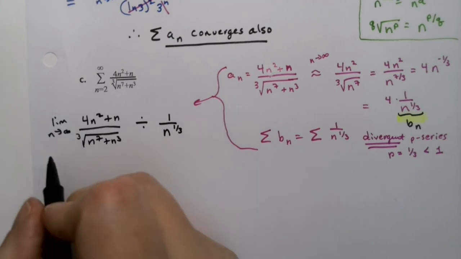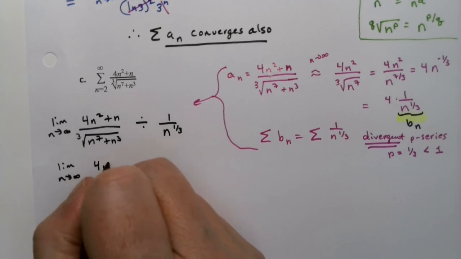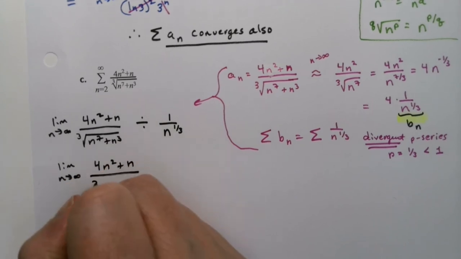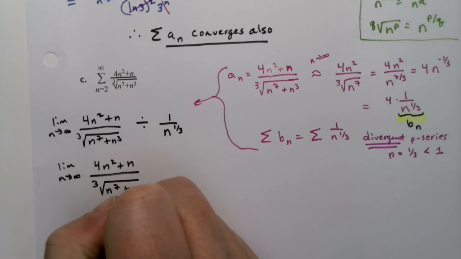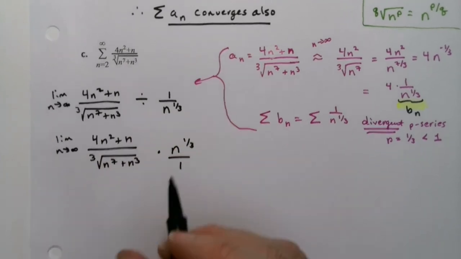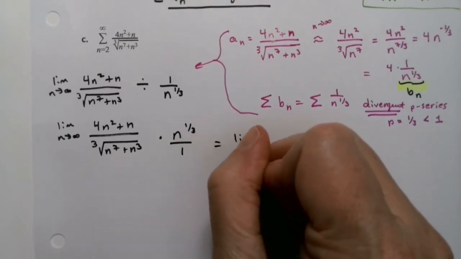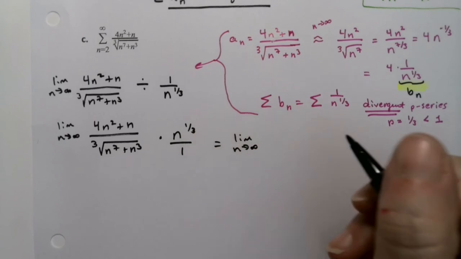Okay, so that's the limit as n goes to infinity of 4n squared plus n over third root of n to the 7th plus n cubed times n to the 1/3 over 1. Distributing that in, that is equal to the limit as n goes to infinity.